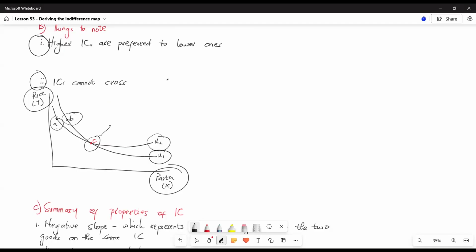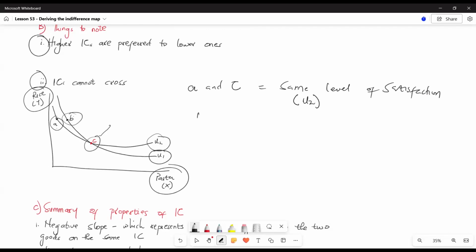And since bundles B and C are on the same indifference curve, they must also give us the same level of satisfaction. So what this curve is saying is bundle A and bundle C give us the same level of satisfaction because they are both on the indifference curve U2.